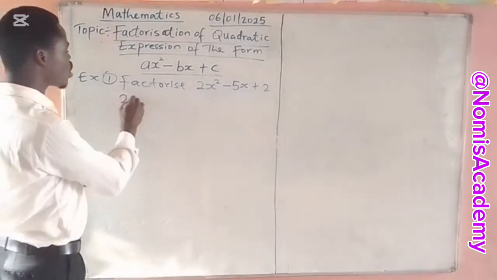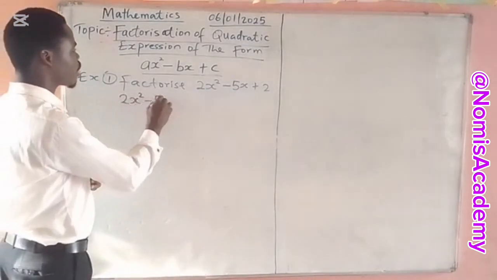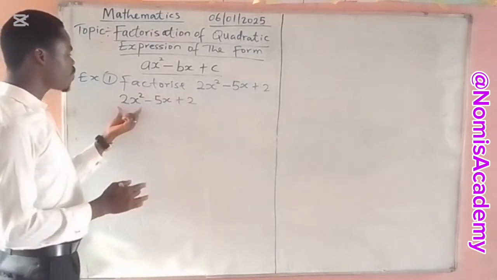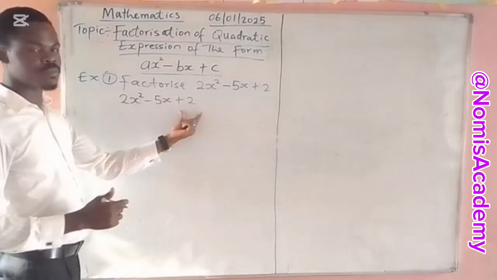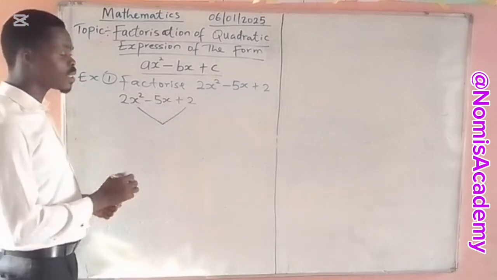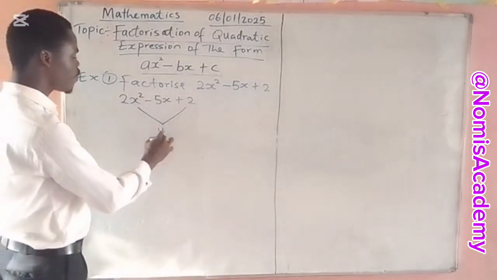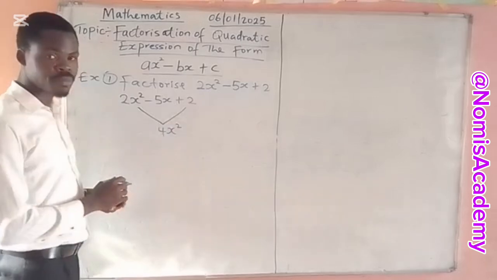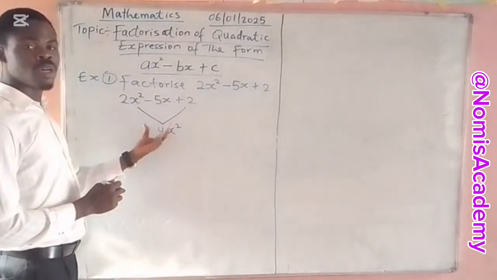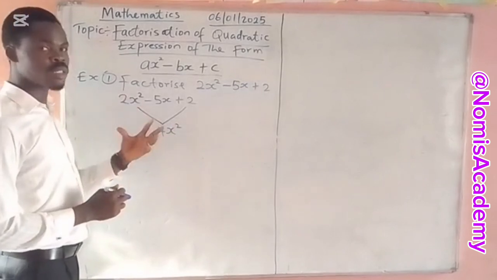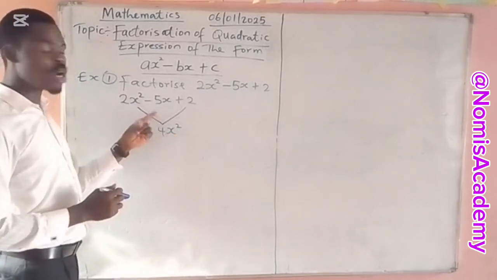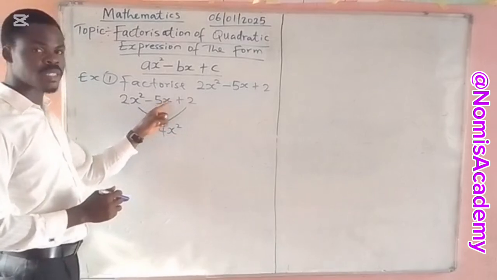Now we write 2x squared minus 5x plus 2. We are going to multiply the first and the last term. The first term multiplied by the last term. And that will give us what? 4x squared. Now we are going to look for two factors of 4x squared that will sum up to minus 5x.